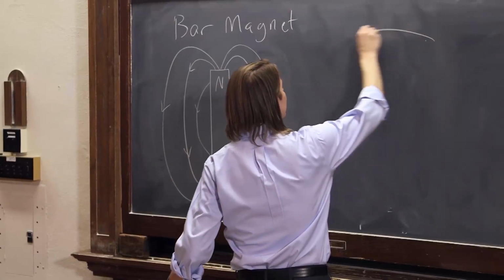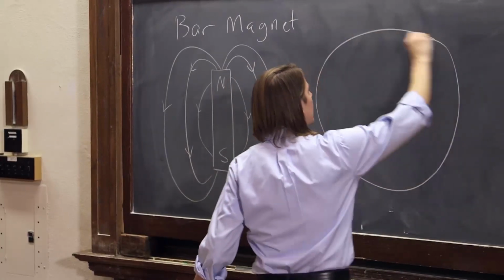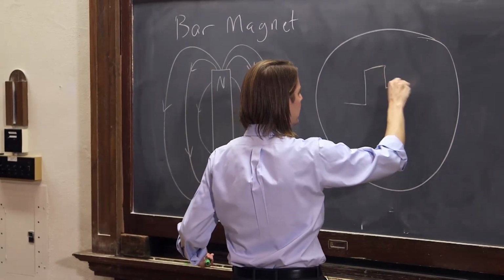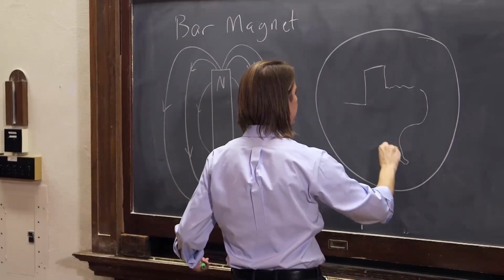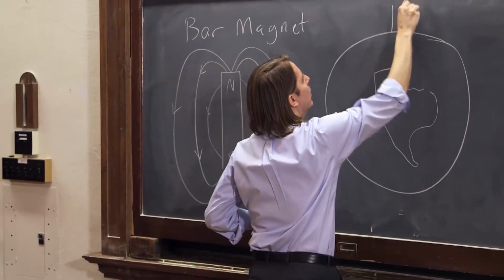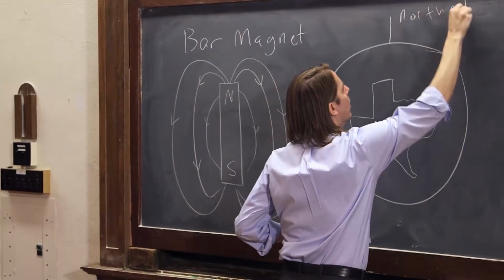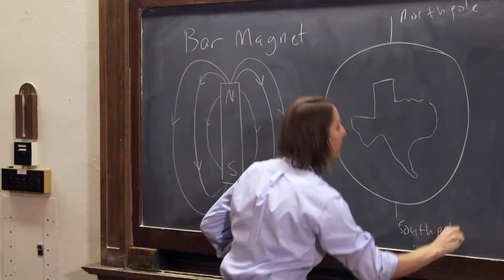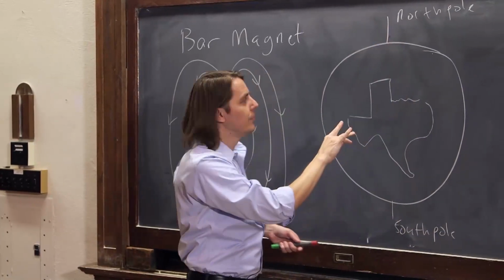Okay, so if I draw the Earth here, and if I draw some of the important structures of the Earth, like this, that's the Earth. This is the North Pole, and this is the South Pole. So Santa Claus lives here and the penguins live down here, okay?